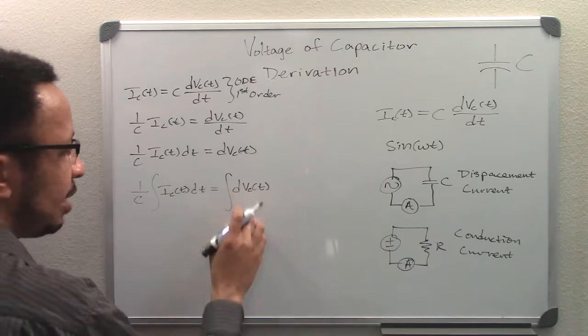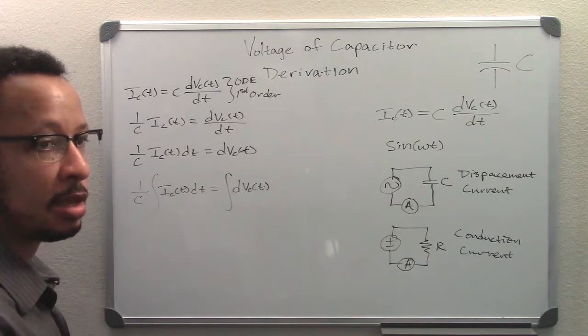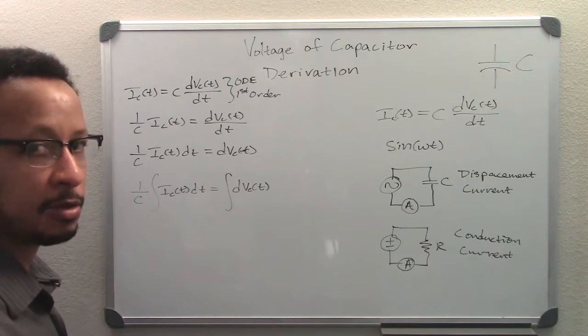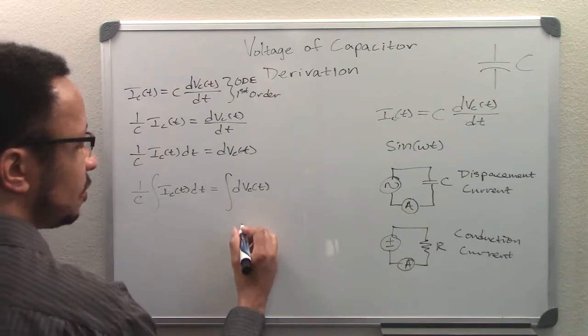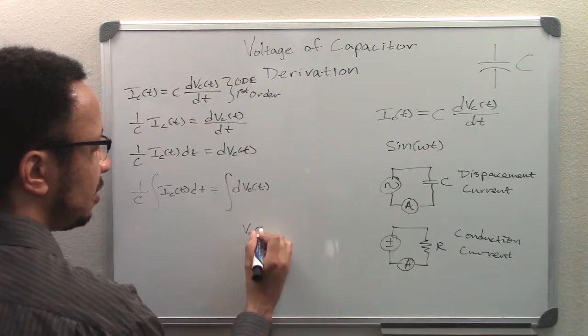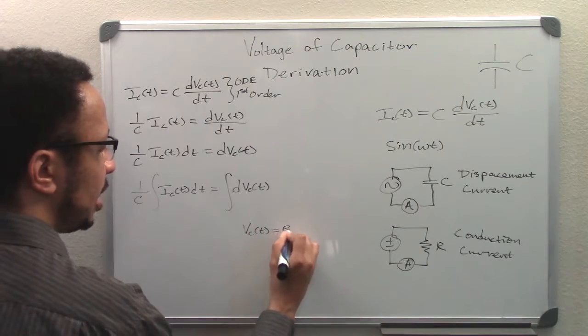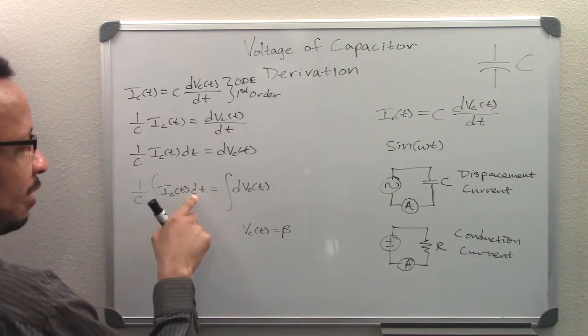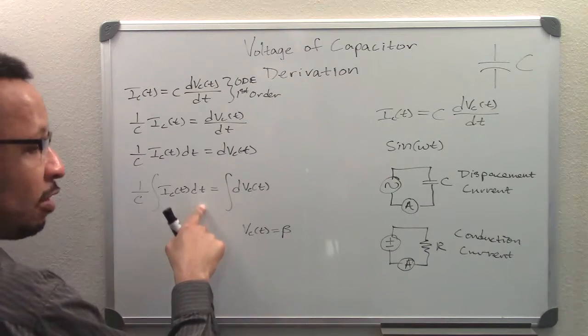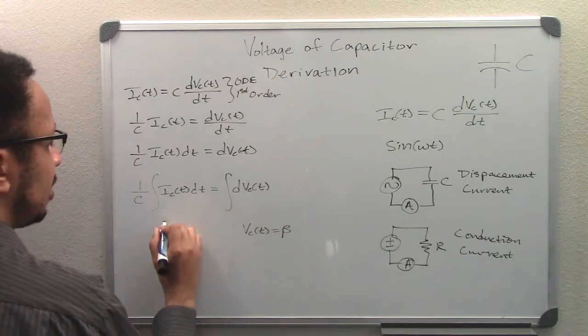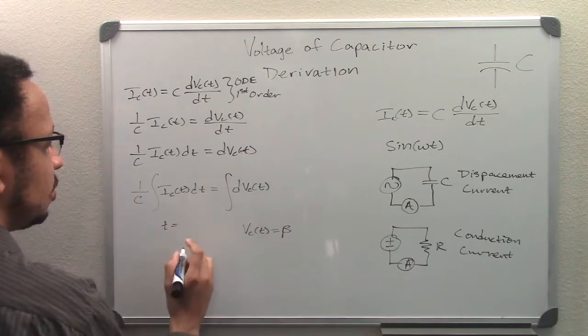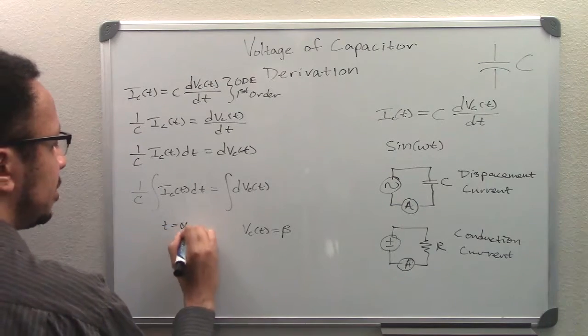And so what that means is that we're going to need an integration variable substitution. You can use any variable. I'll make vC(t) equal to beta. And over here we have dt. Our integration variable is t, so we'll make a substitution for that and make t equal to alpha.